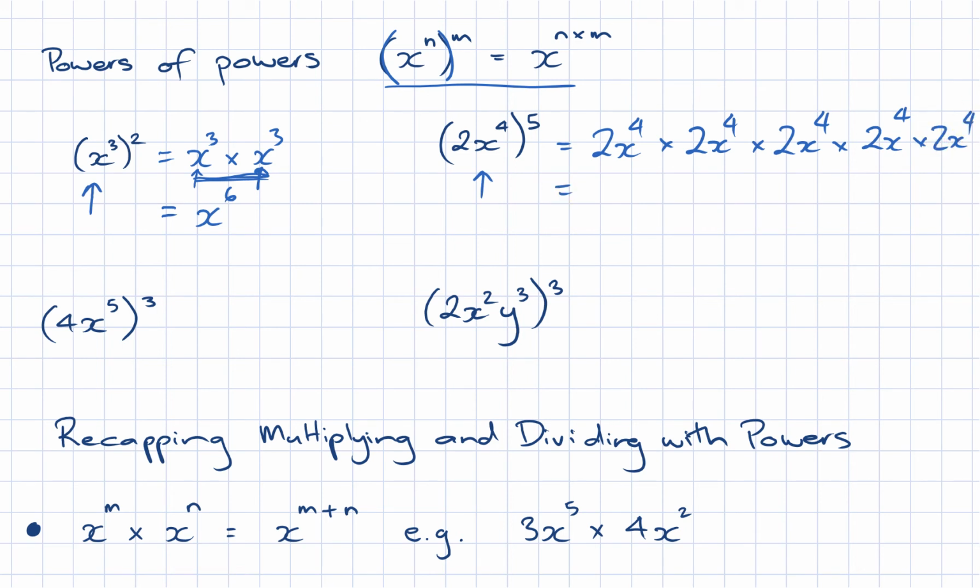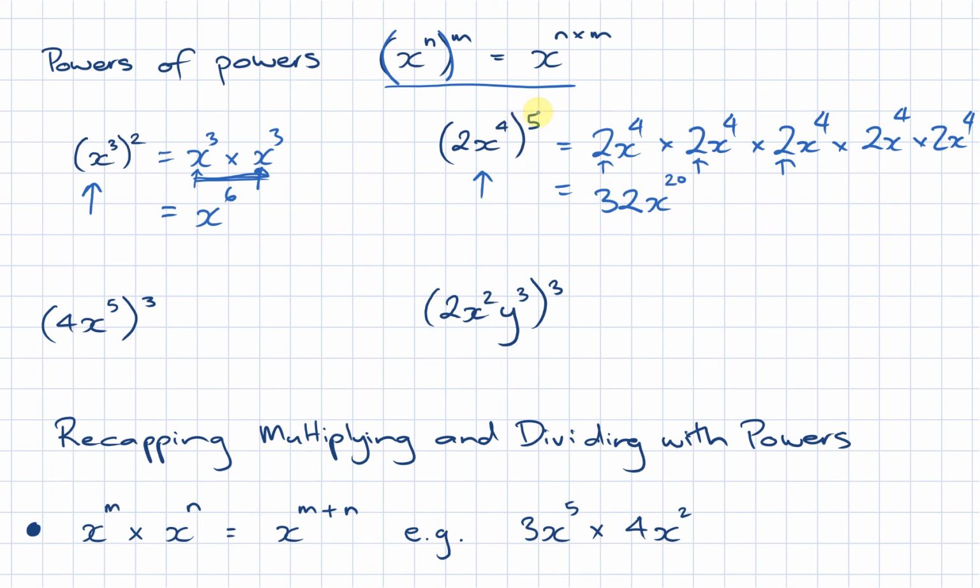Now I can just multiply these 2's. 2 times 2 times 2 times 2 times 2 will give me 32. And x to the power of 4 multiplied out 5 times, I'm adding these powers, so 5 lots of 4 is 20.